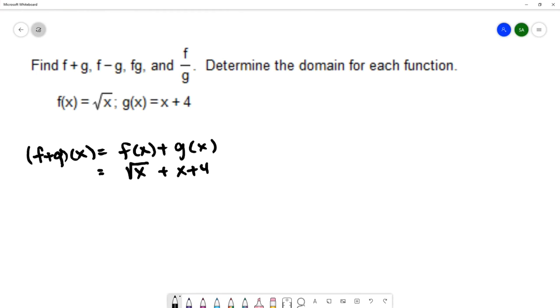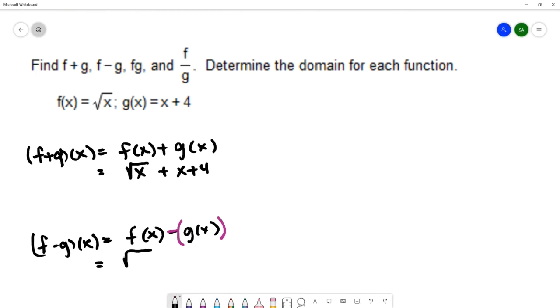Then with f minus g, we're going to do f of x minus g of x. And with subtraction, we're going to be more careful. We want to make sure that we're subtracting the whole function g of x, so we'll put parentheses around that. That's square root x minus (x plus 4).